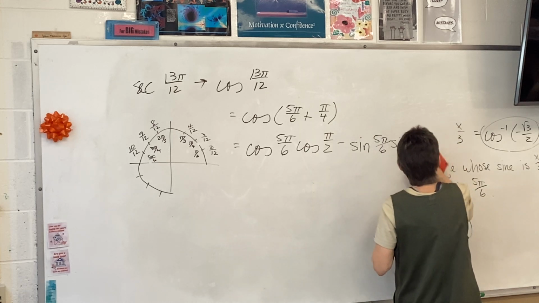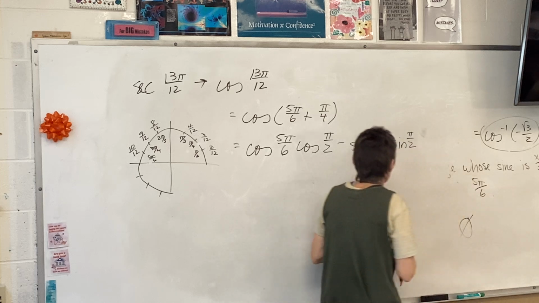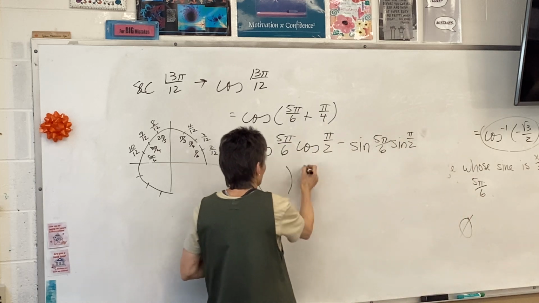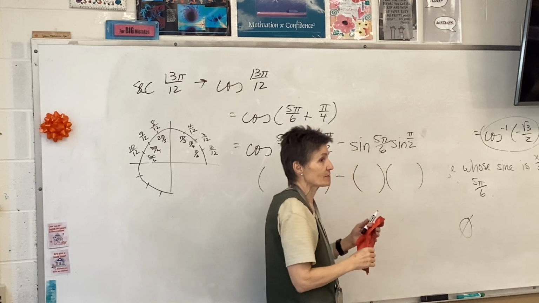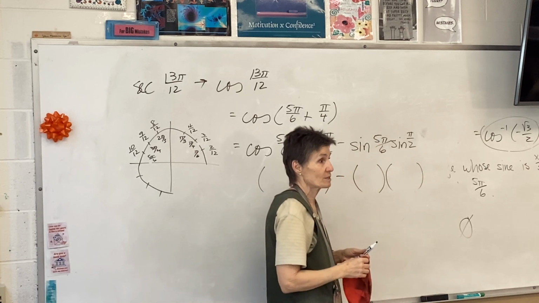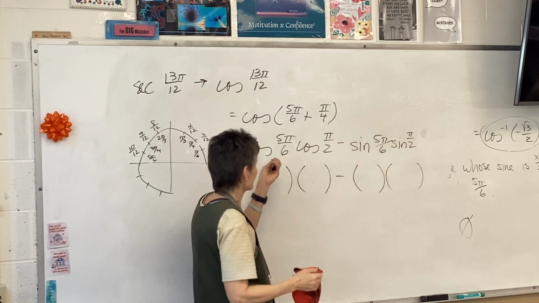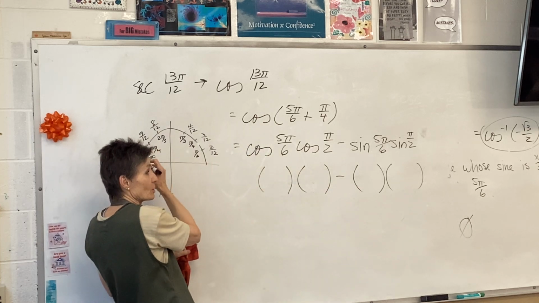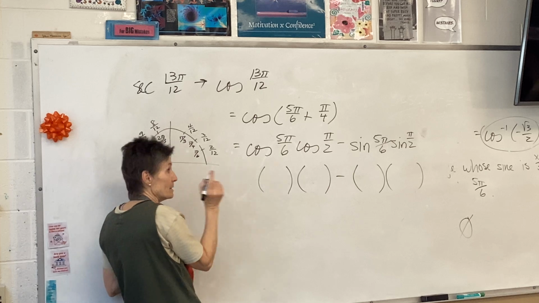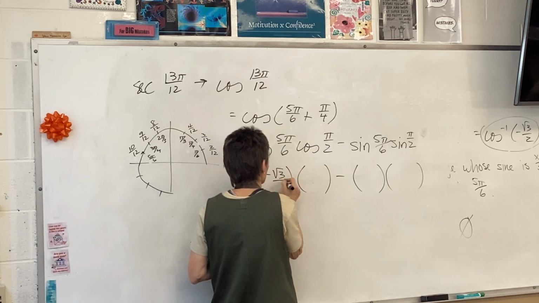Now we're gonna do exactly what we did a minute ago. We're gonna start plugging in numbers. Only this time, the numbers aren't coming from triangles, the numbers are coming straight from the unit circle. So what is the cosine of 5 pi over 6? Right here, what's the cosine? Negative root 3 over 2.